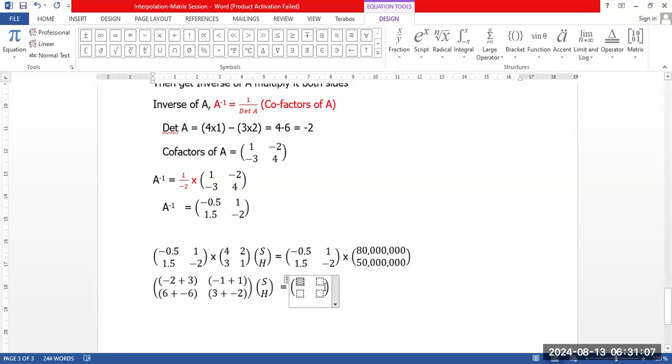We get our row. Negative 0.5 multiplied by 80 million. What do you get? Negative 0.5 times 80 million. You get negative.